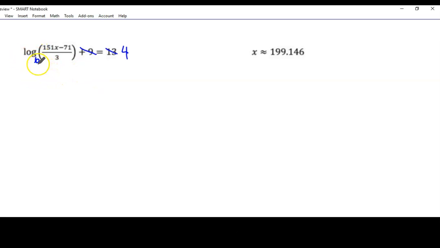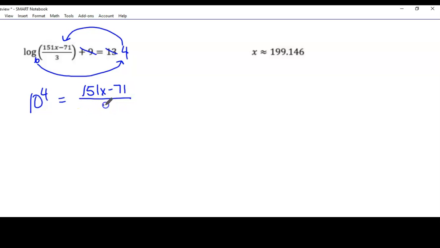So 10 to the 4th power equals this. Well, I need to write 10 to the 4th power. That's 10,000. And then when I multiply that times 3, that's 30,000.